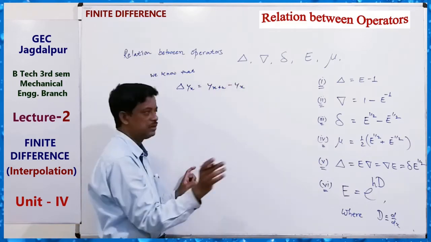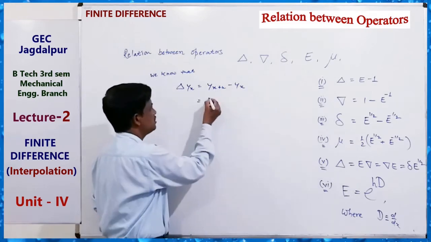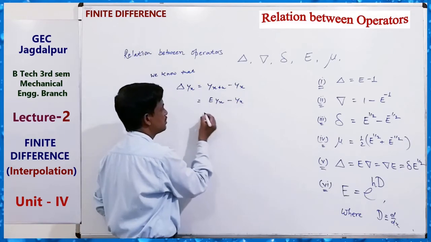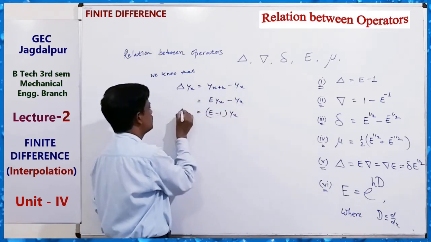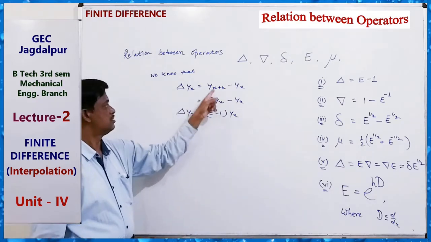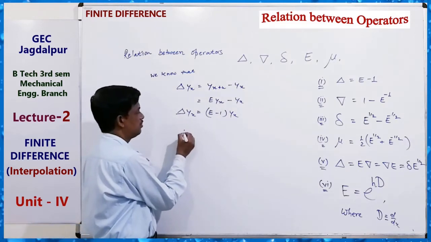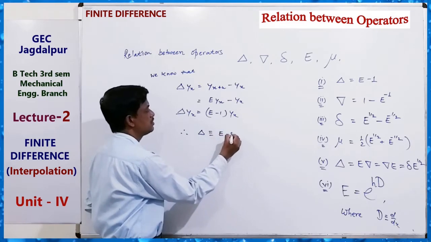And by the definition of the shifting operator, this means Eyx minus yx, that is (E minus 1)yx, which we can write like this as Δyx, because this is equal to this. So therefore Δ is equivalent to E minus 1.